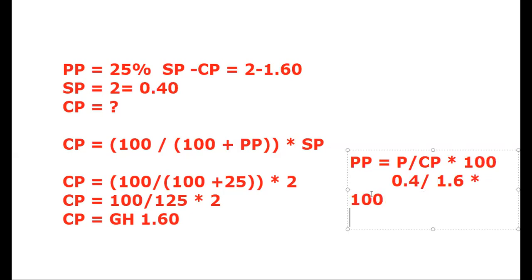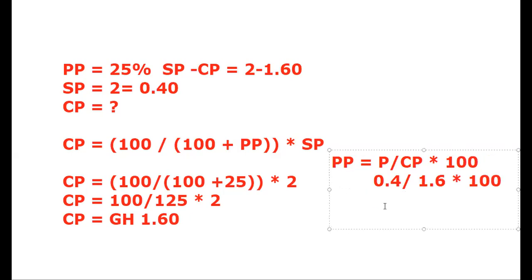When you punch that into your calculator, you are SHS students, so I will not be going over this. So 0.4 over 1.6 times 100, and that will give you 25%. So now we know that we are correct, since from the beginning of the question, our profit percent is 25%. I hope everything is clear now.